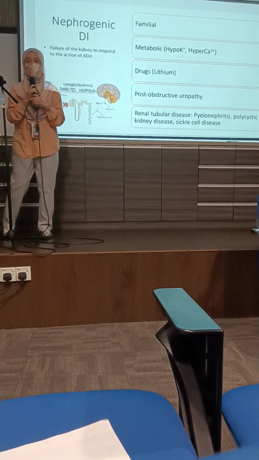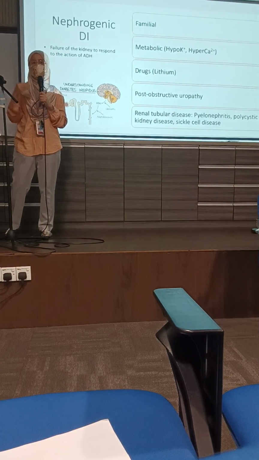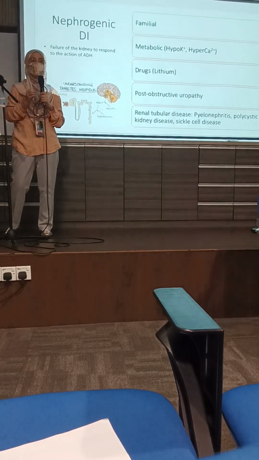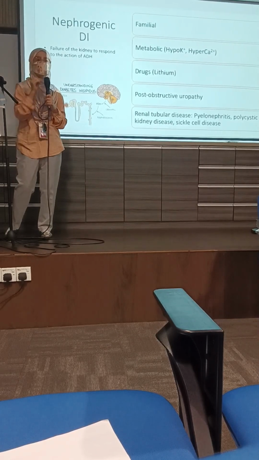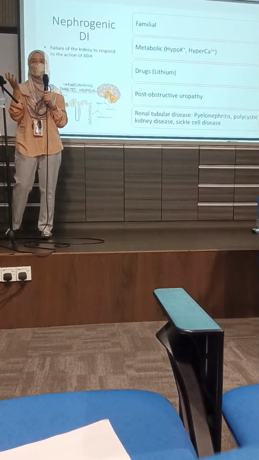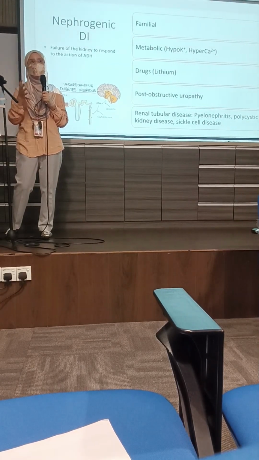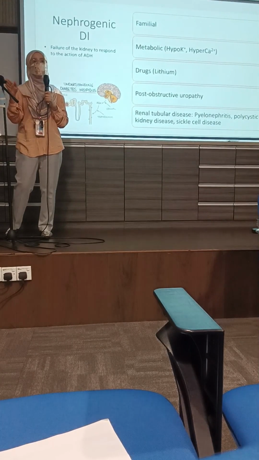The other one is nephrogenic DI. So cranial just now is because of deficiency of ADH. In nephrogenic DI, the kidney is unable to respond to ADH secretion. ADH may be present, but the receptor does not respond to the ADH, so water still comes out.